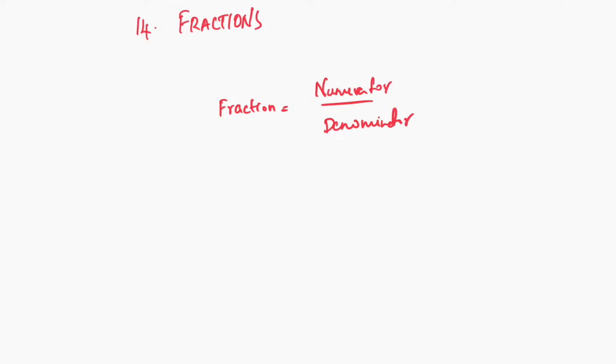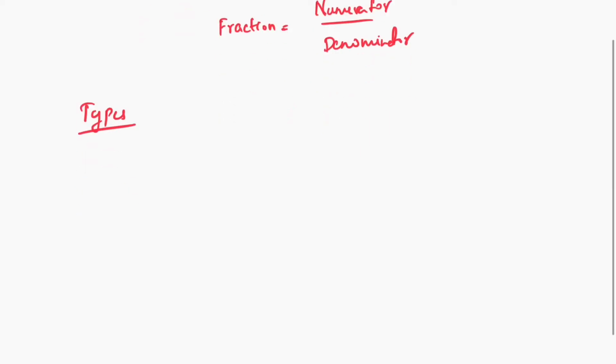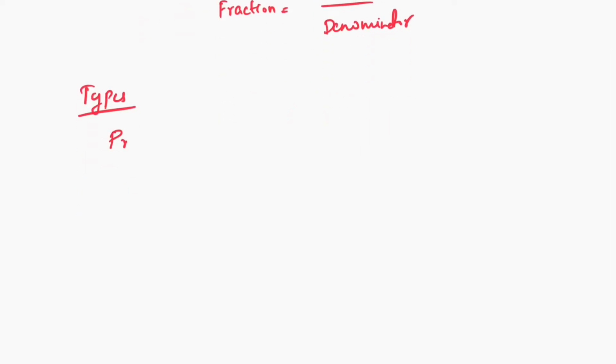Let us come to the types of fractions now. First one is proper fraction. A fraction whose numerator is less than its denominator is called a proper fraction.